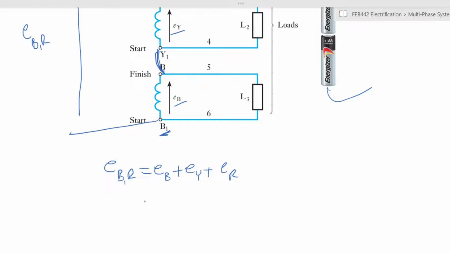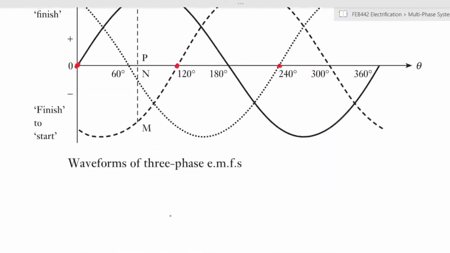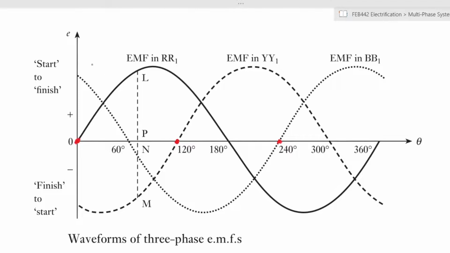But what are the representations of these voltages? EB from here is represented by a sine wave. So it is the sine of angle theta times the maximum value. This curve, its maximum value, we can call it EM, and it is common to all three of our voltage sources.